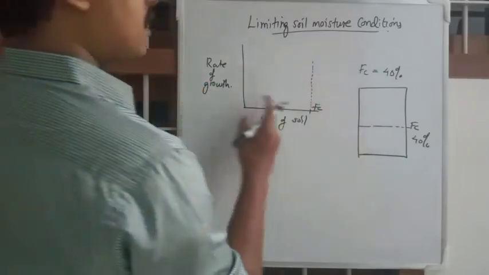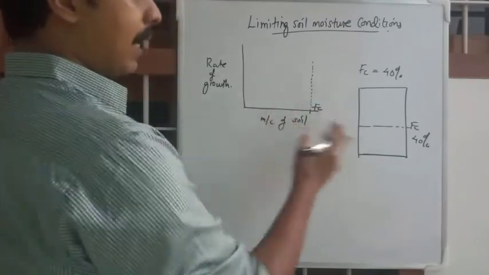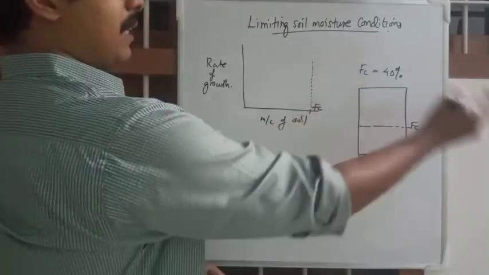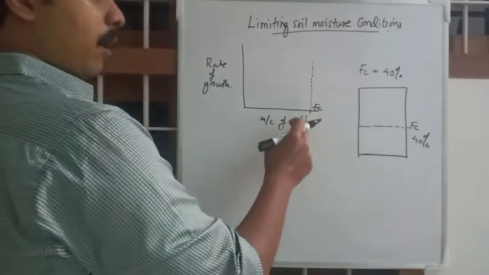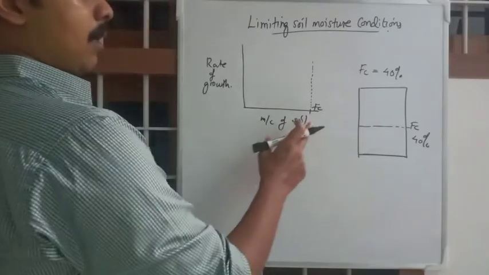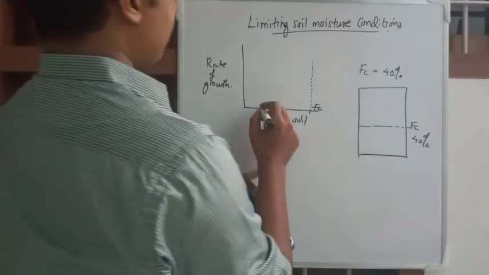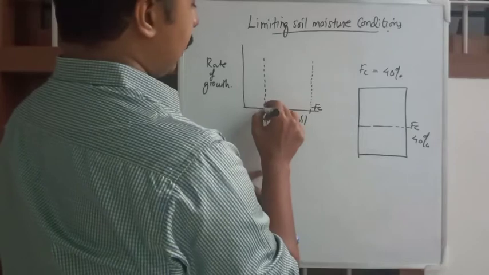So FC will be the right-hand end of this graph of moisture content. Everything else will be irrelevant to rate of growth. So FC will be here, the upper point, and suppose this line will be the wilting point.